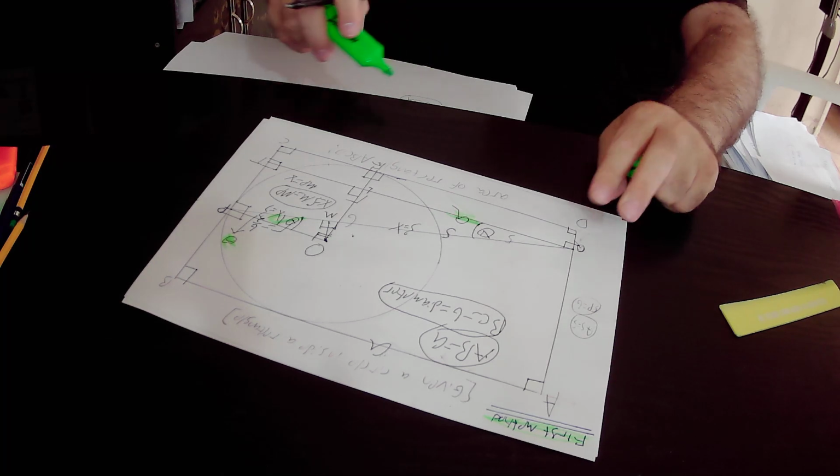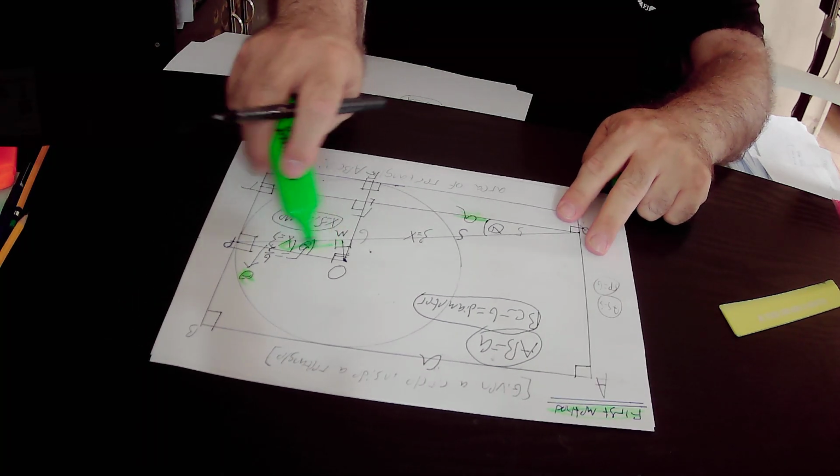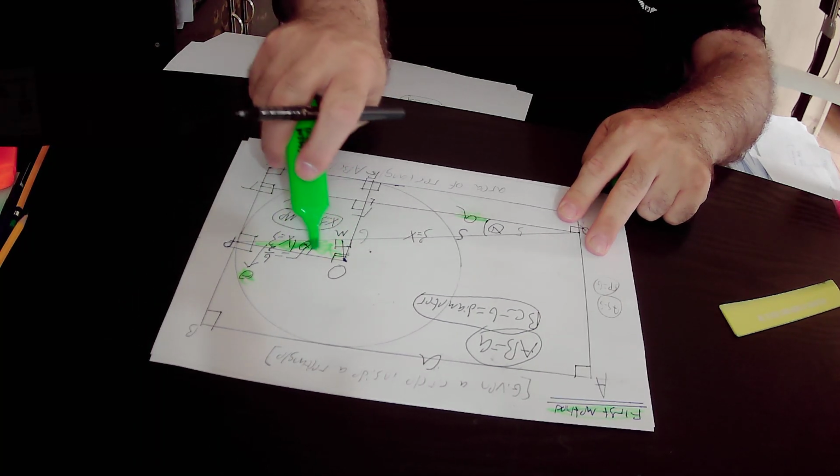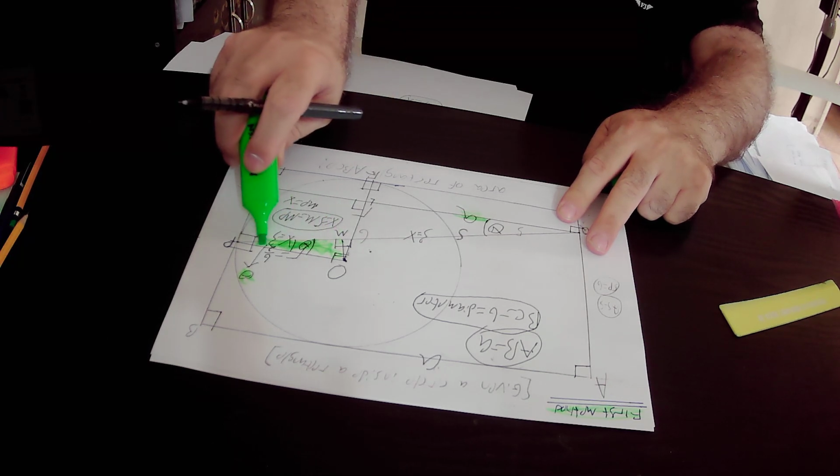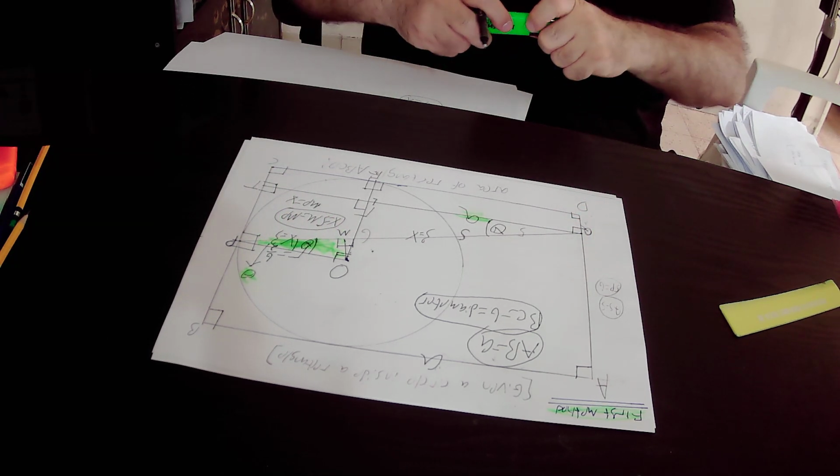In the next step, we will focus on the right triangle, triangle OMP. So I will copy triangle OMP in a new page and we will analyze it.